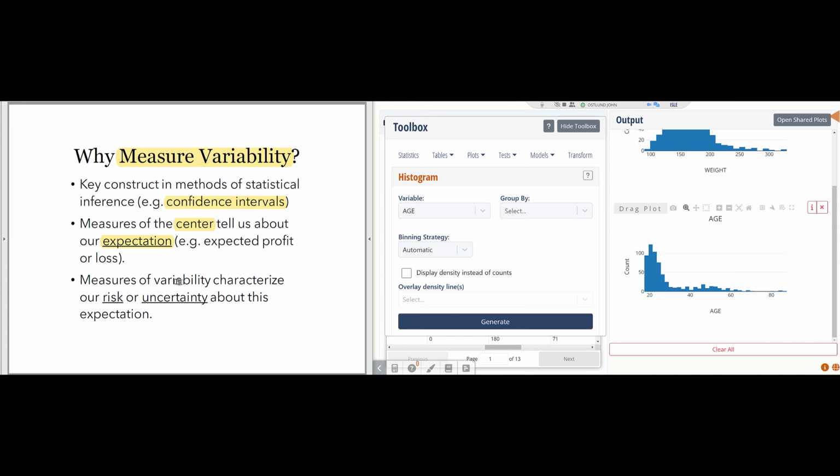And the variability measures how much risk there is in our expectation, or how much uncertainty there is. Well, yeah, variability measures variability. How much variability there is around our expectation. Okay, so you will hear this term expected value as another way of describing the mean of a particular set of data.